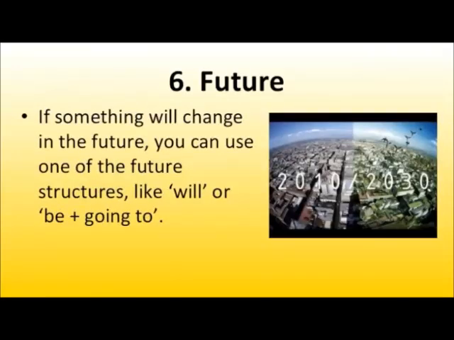The next trick is to talk about the future or add information that relates to the future. If something will change in the future, you can use one of the future structures like will or be going to. Let's look at an example for this and it will be clearer.